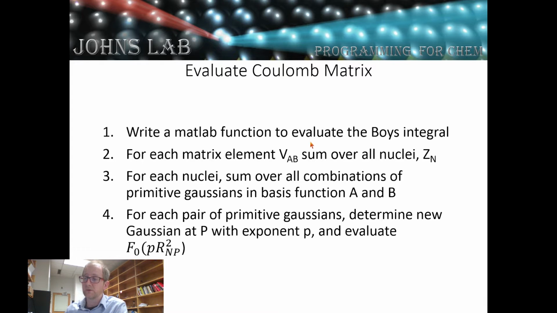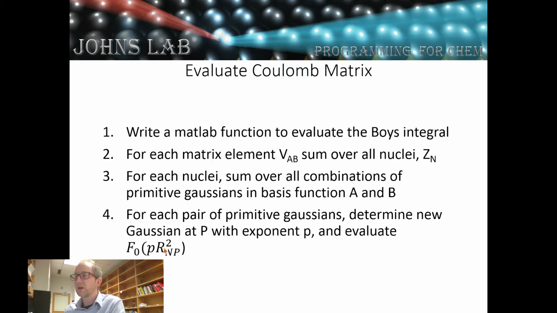And then for each matrix element V_AB, we're going to sum over all nuclei. We're going to go over all combinations of primitive Gaussian functions in basis functions A and B. Make a new Gaussian for each one of those centered at point P with exponent little p. And then we're going to evaluate the Boys function F0 of p times the distance between that new Gaussian and the nuclei squared.